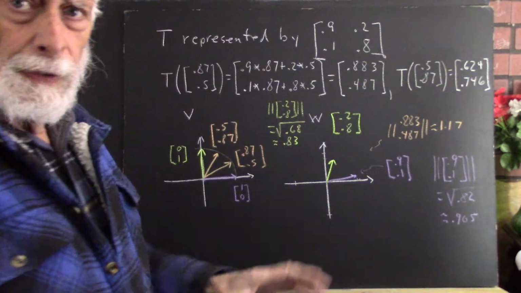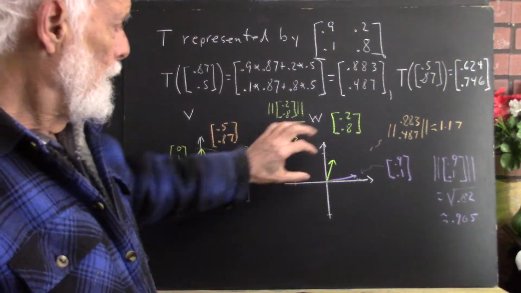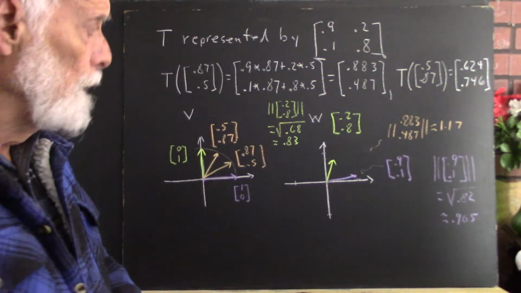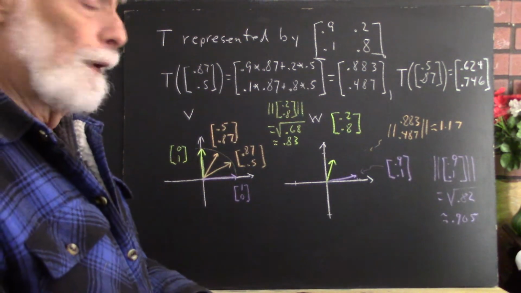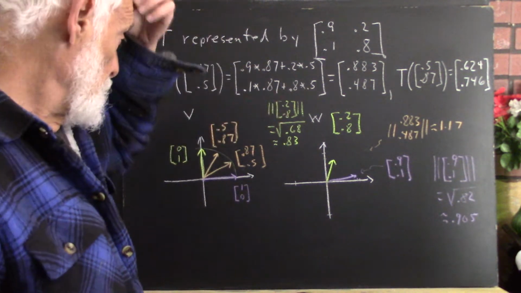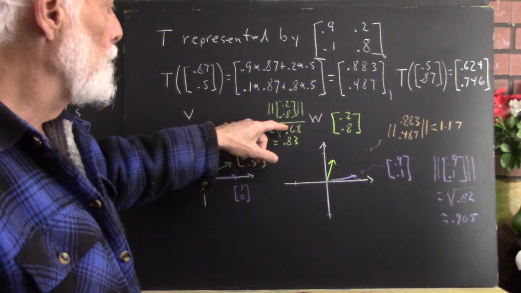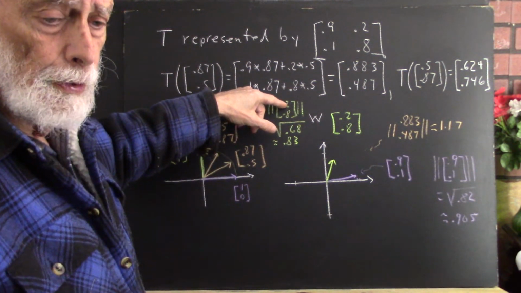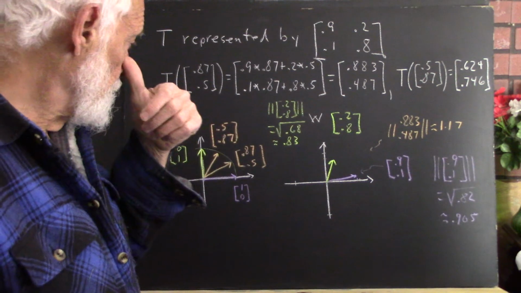Now, the way I've drawn this, and I've exaggerated just a little bit, this vector is clearly shorter than this vector, but was that just my drawing? Well, we can use the Pythagorean theorem to calculate the magnitude of the (0.2, 0.8) vector, and we get the square root of 0.8 squared, which is 0.64, plus 0.2 squared, which is 0.04, adding up to 0.68.